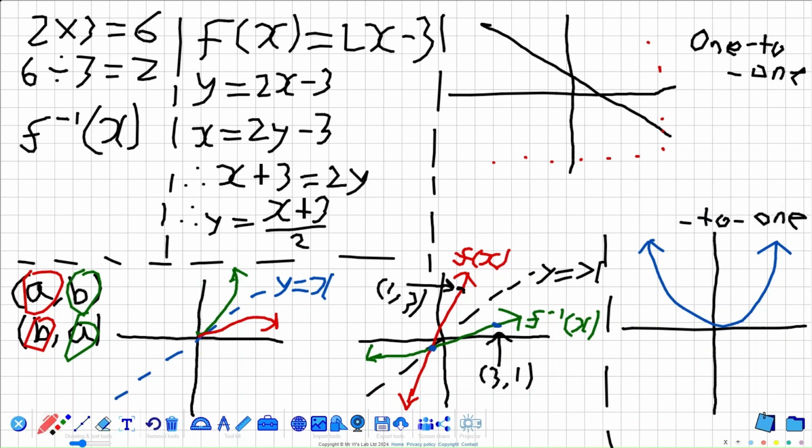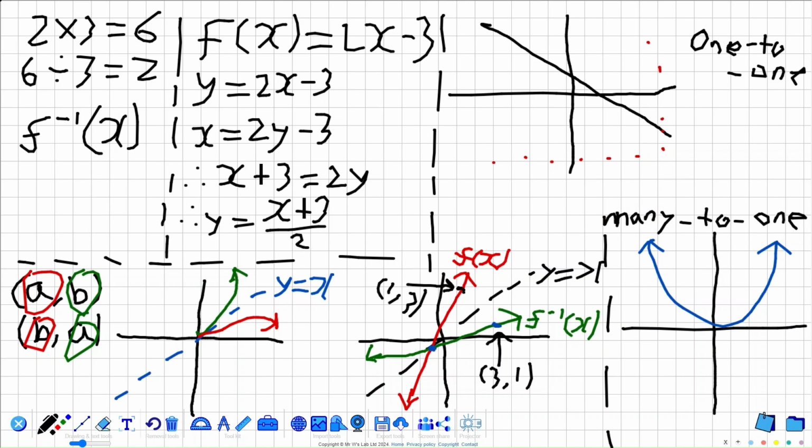But if we were, for example, to try the horizontal line test, we can put a line along here, and it's pretty clear that it touches it more than once. So what we can say in this scenario is that this graph is many to 1. So this means that even though it passes the vertical line test, but not the horizontal, it is a function.